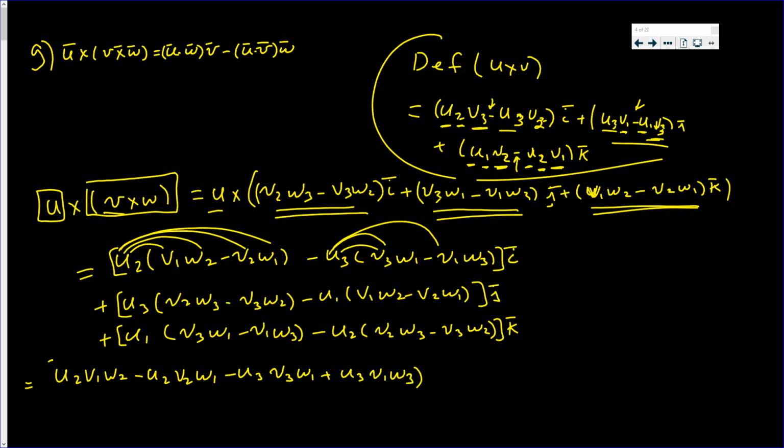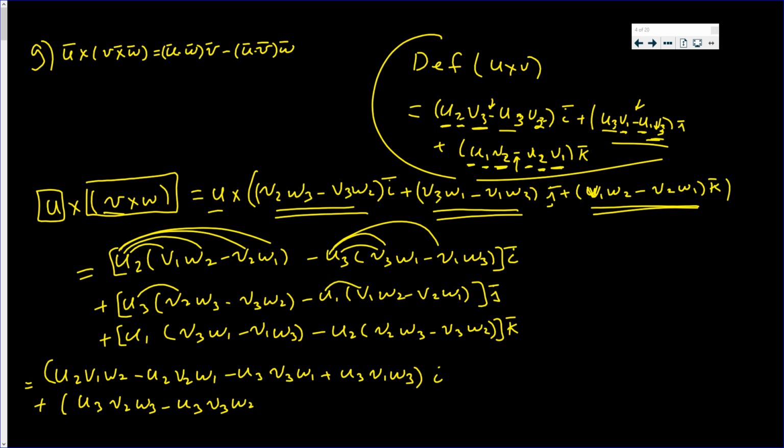And all of this is in the i direction, plus the j direction. Distribute the U3: U3V2W3 minus U3V3W2.